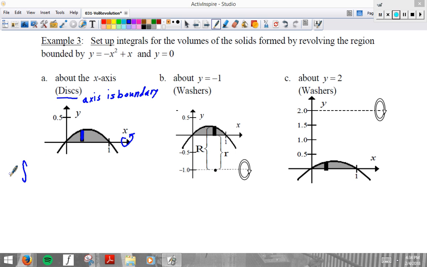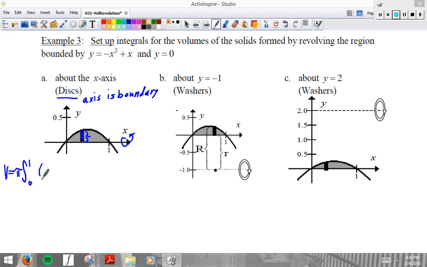So all I need for my volume is pi. I want to start these rectangles off at 0. It's the furthest, that's the lowest x value in this region. I want to stop them at 1. The radius here is top minus bottom.